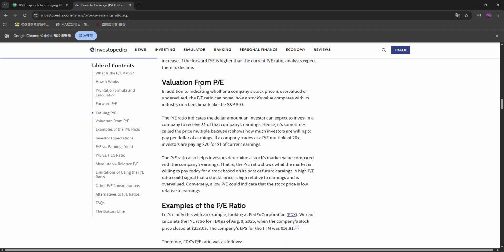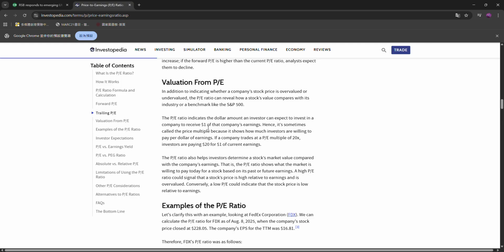Valuation from PE. In addition to indicating whether the company's stock price is overvalued or undervalued, the PE ratio can reveal how a stock's value compares with its industry or a benchmark like the S&P 500. The PE ratio indicates the dollar amount an investor can expect to invest in a company to receive $1 of the company's earnings.